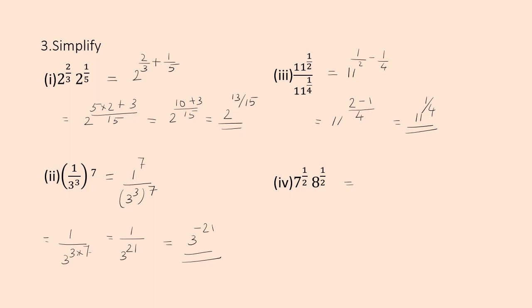Same property you have to use here. 7 multiplied by 8 whole raised to 1 upon 2, that is 7 8s are 56 raised to 1 upon 2. So using the laws of exponents, you can simplify the questions.